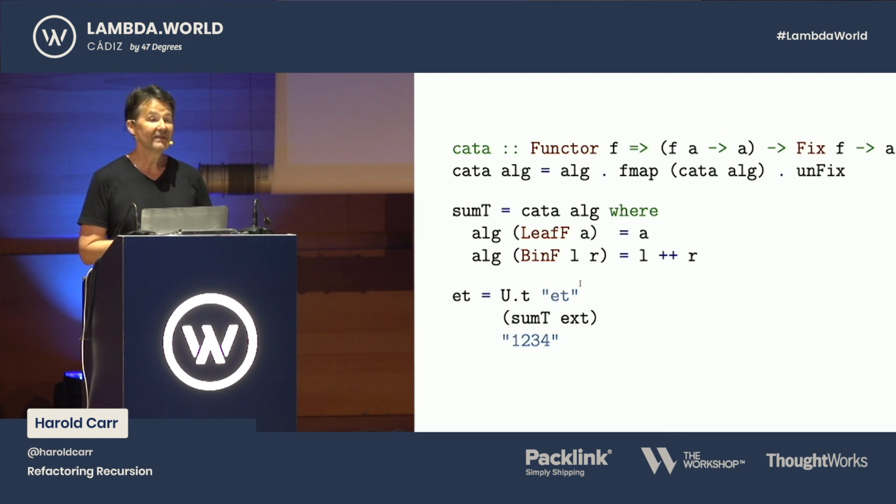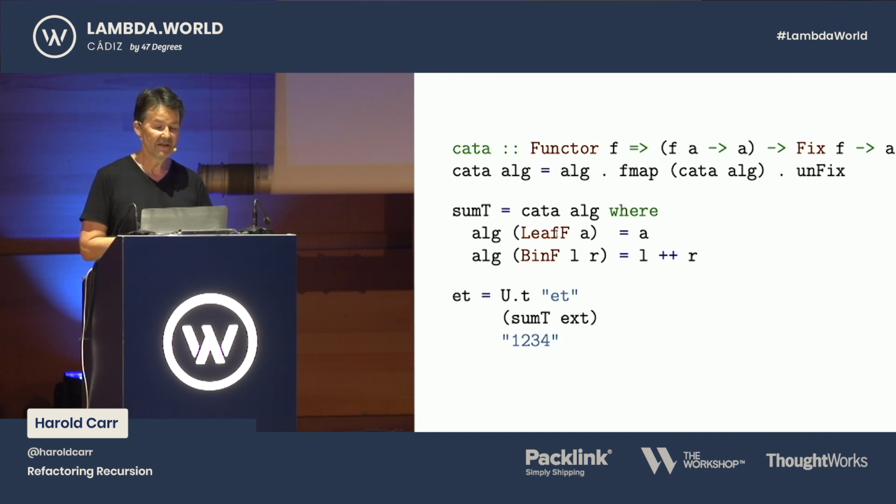Now, the real definition of cata in recursion scheme libraries is built so it'll work on any data type that is using this fixed point operator. And how that works, the main piece is this unfix here. So every time it goes through a level of recursion, it takes off one of those Fix wrappers, and that's what unfix does. And once it's done that, your algebra is given that base data type.